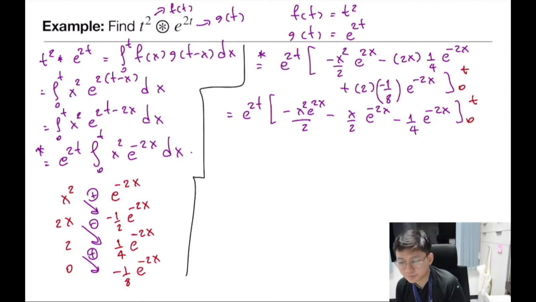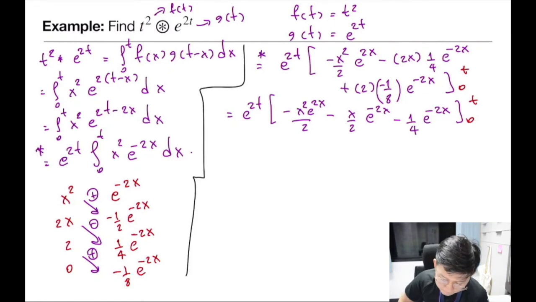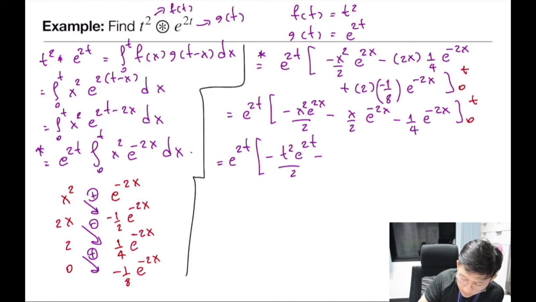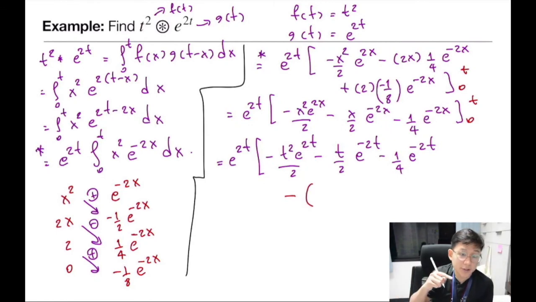I hope you are able to do the integration by parts. And then we put in 0 and t. Once we put in t, we get minus t squared e to the 2t divided by 2, minus t e to the minus 2t, minus 1/4 e to the minus 2t, and then minus, you substitute x with 0, right?